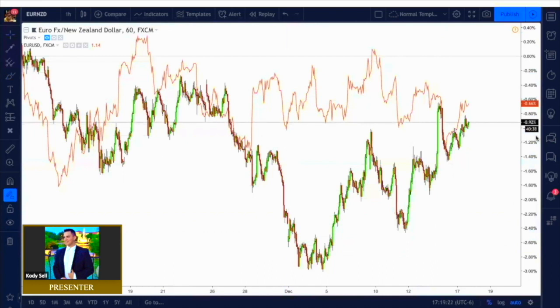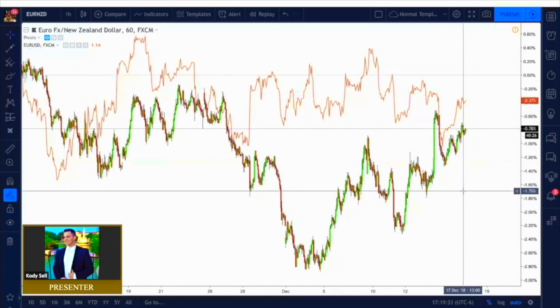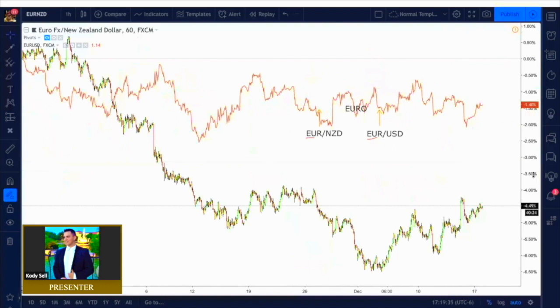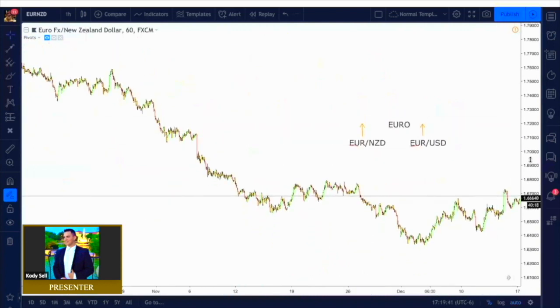You're going to see that there are some instances where there is a slight difference in how they move. The reason there are areas where they don't perfectly correlate is because, let me get this off of here. Okay, there we go.